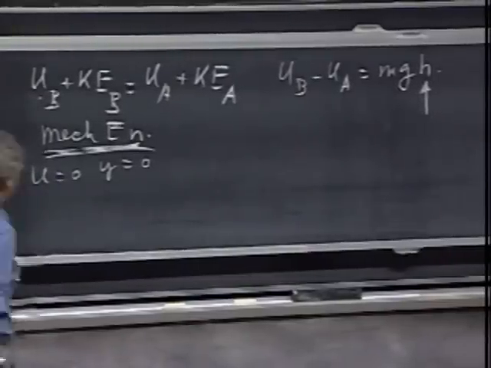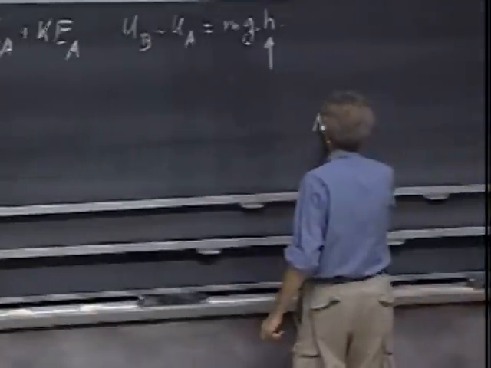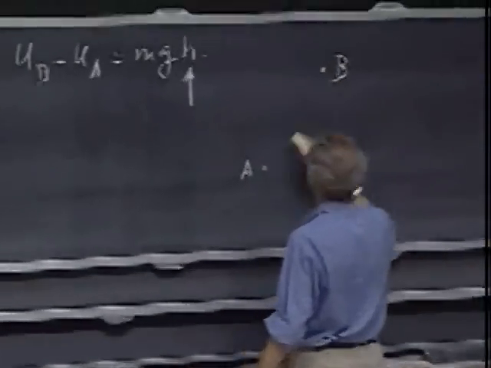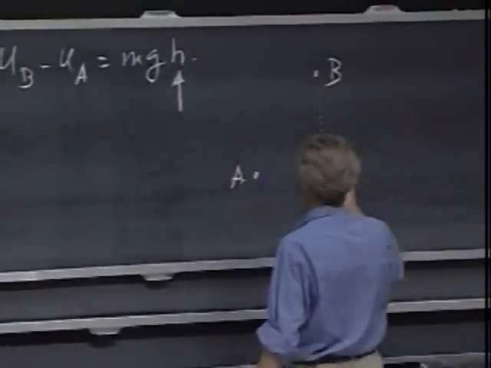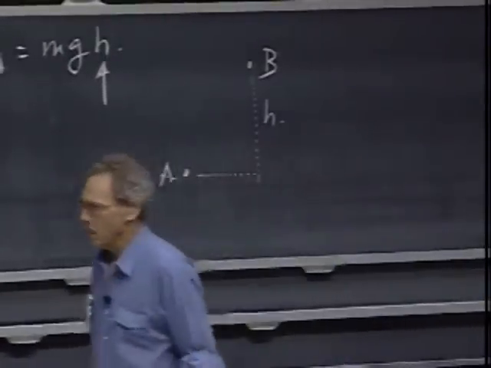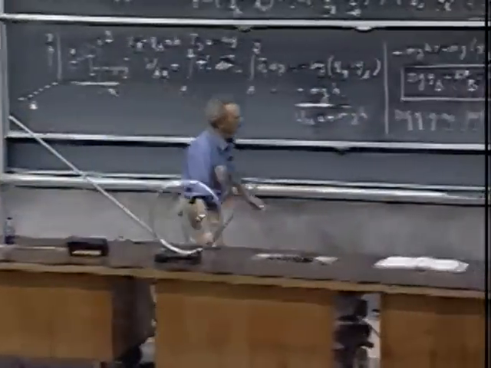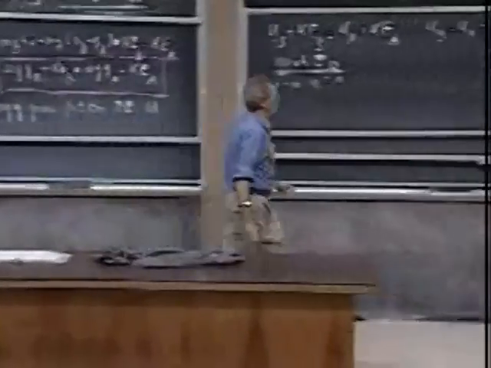It's easy to see. Suppose I have here point A, and I have here point B. And suppose this separation was h. Well, if you prefer to call zero potential energy at A, I have no problems with that. So we can call this U equals 0 here.